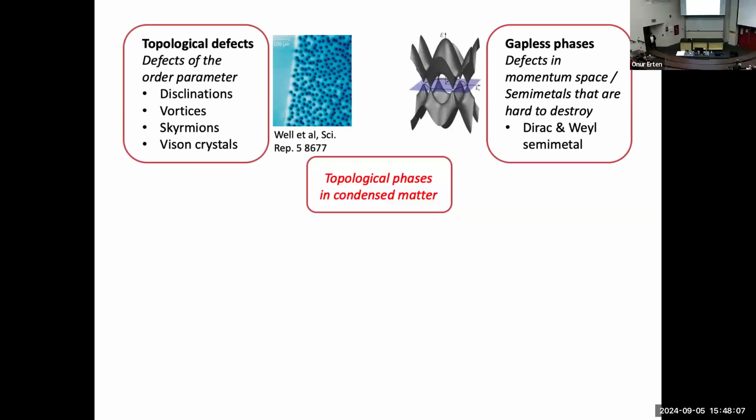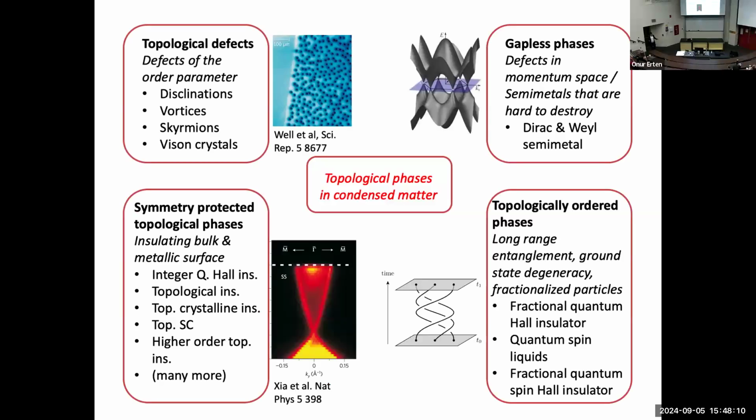Okay, very good. All right, so actually, when we talk about topological phases of matter in condensed matter physics, this is not just one thing, okay? And this may even be an incomplete list, but this is at least the topics that I know about, okay? So the simplest ones are the topological defects of an order parameter. These are real space defects.